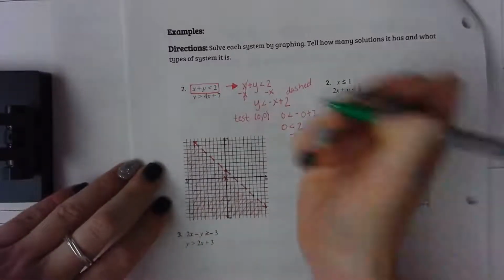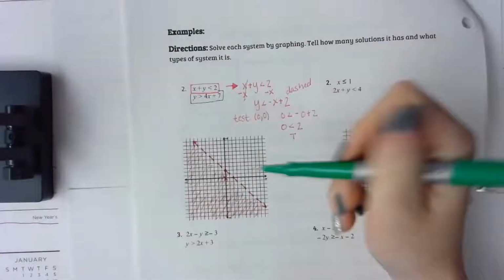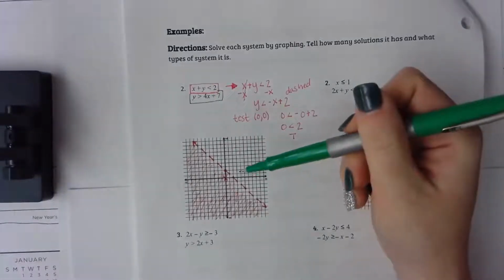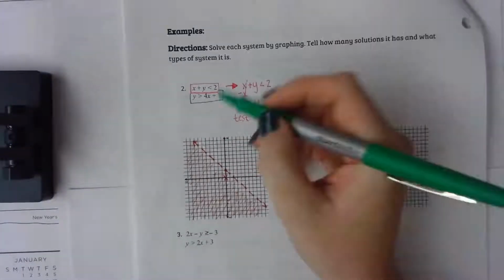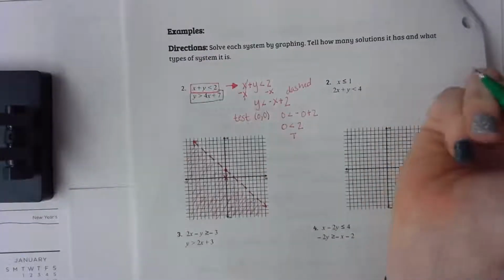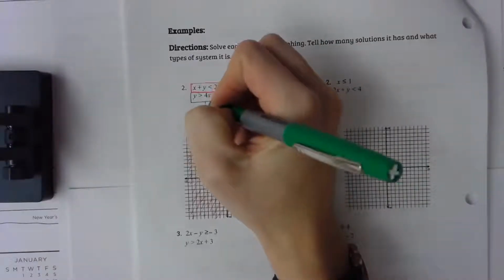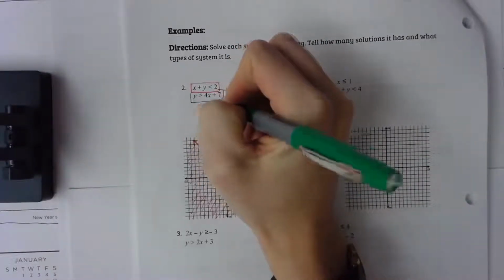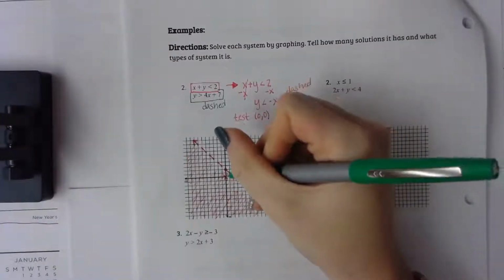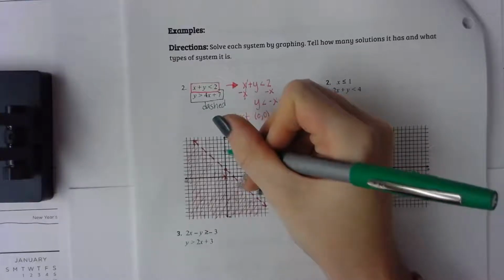Okay, so I'm going to do this bottom equation in green. And as you can see, so far nothing has changed from what we did in the last unit. This one is already in our y equals form, so that's one less step that we have to do. But this one as well is dashed. And I'm going to start at the positive 7. So 1, 2, 3, 4, 5, 6, 7.